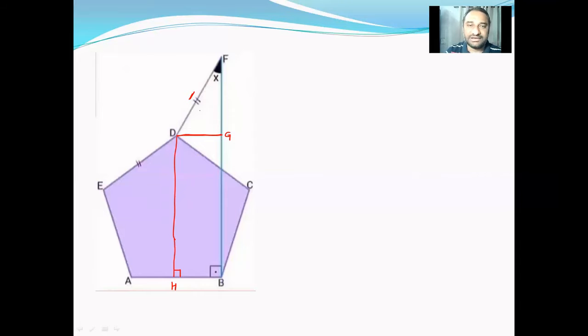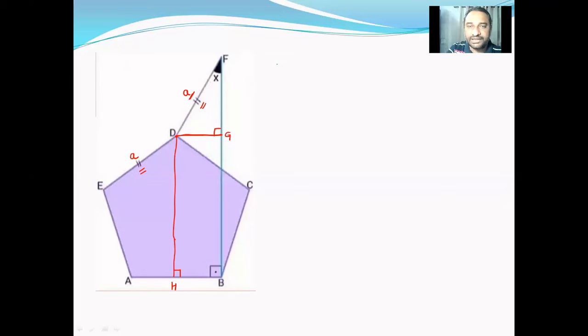So I have just dropped two perpendicular lines so that I can go for a Pythagoras theorem. For the time being, I'll take this length as A. This length will also be A, because it is given in the question. By looking at these two marks, we can say that this length is equal to this length.